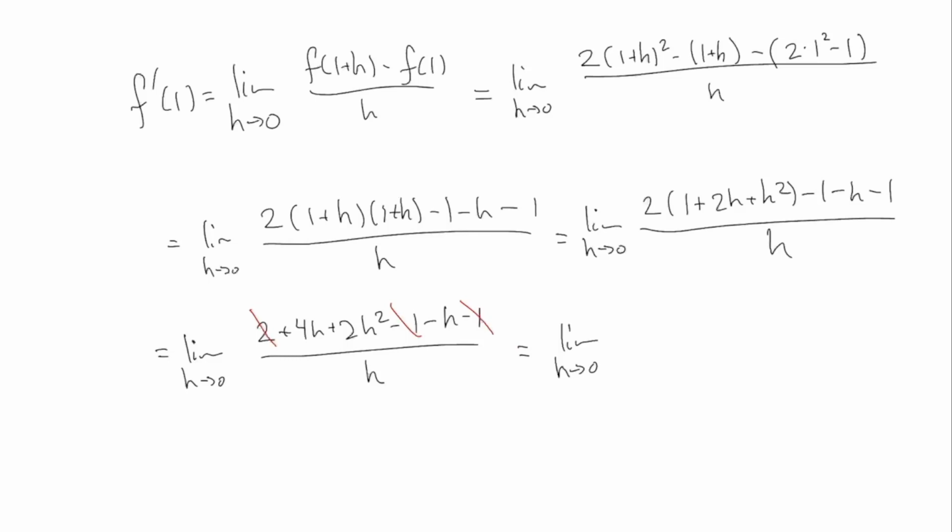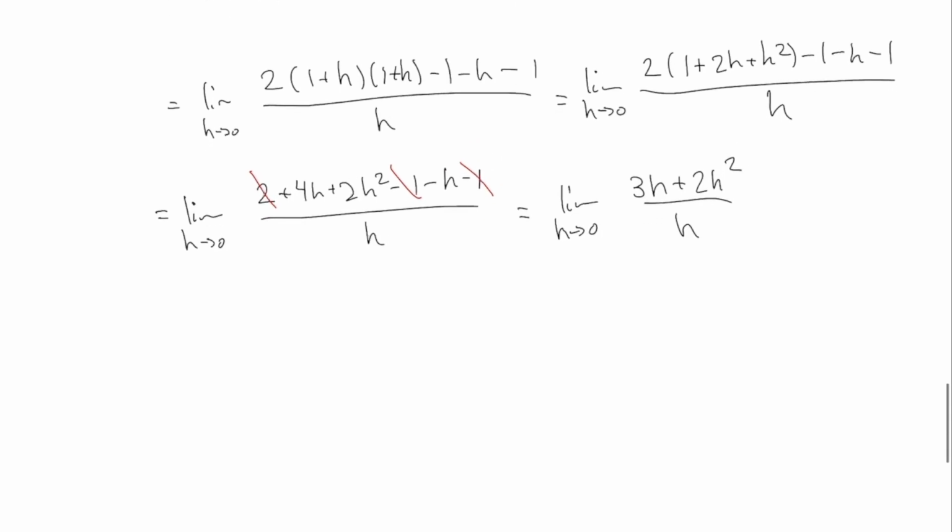What remains is 4h and then another minus h, so that adds up to 3h plus 2h squared over h. And then finally, as we always do at the end, I factor h on top: 3 plus 2h over h, like so. And then we can cancel the h's.